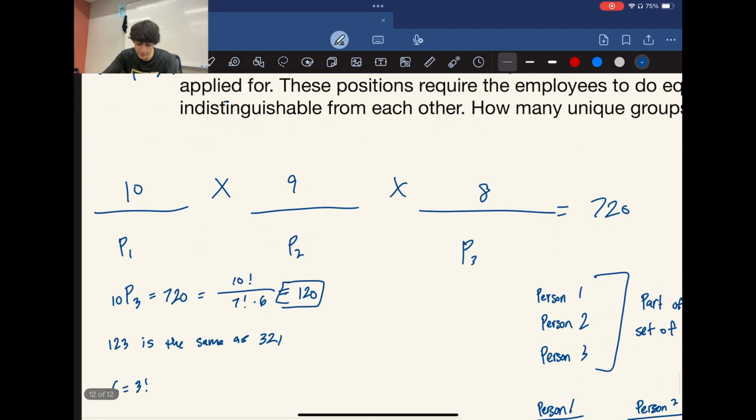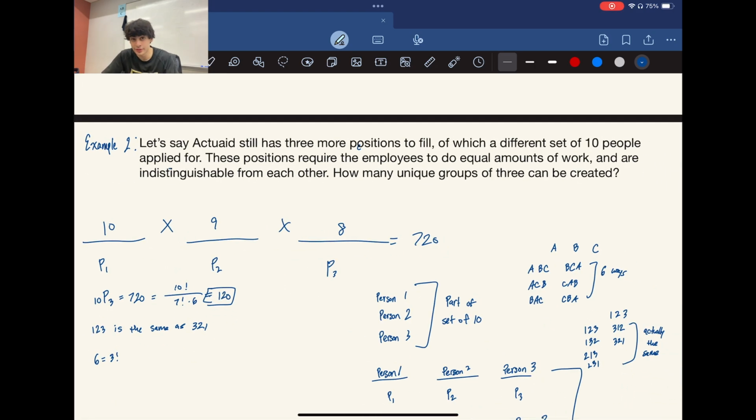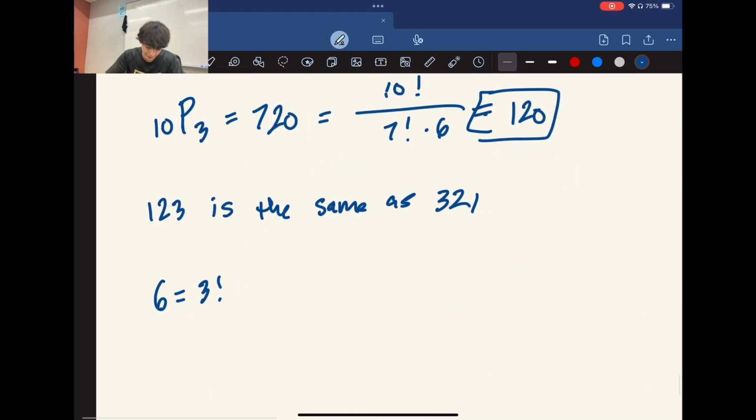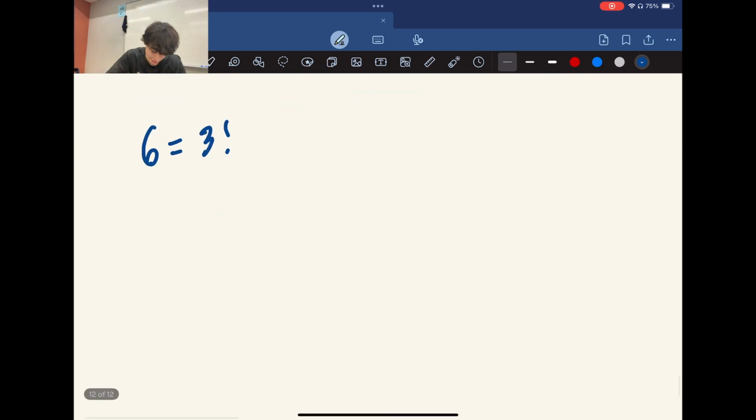We're, in the context of this problem, being asked to find unique groups of 3, but they're all doing the same work and the positions aren't defined, so we're combining a group of 3 out of the set of 10 to make a team. And unique groupings, in terms of this problem, requires you to do a combination.